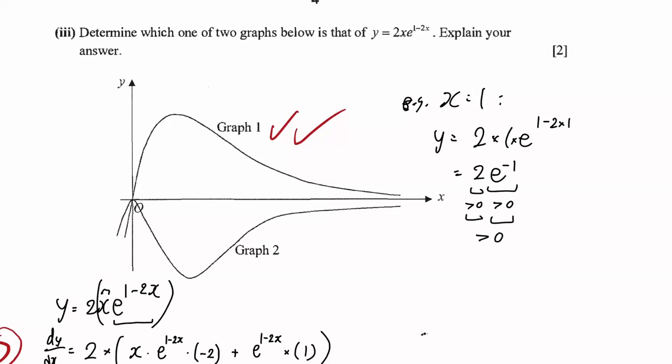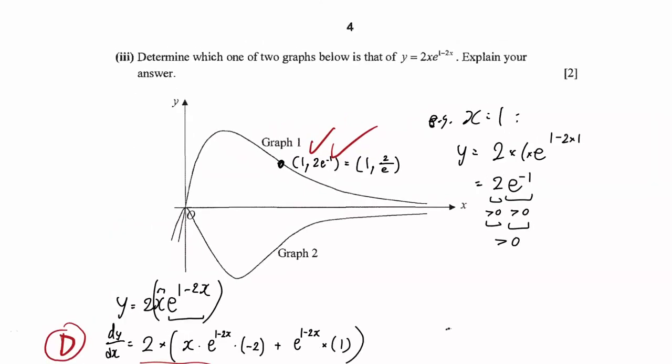So graph 1. This point here, 1 comma 2e to the power of negative 1, which is the same as 1 comma 2 over e. That's another way to identify.